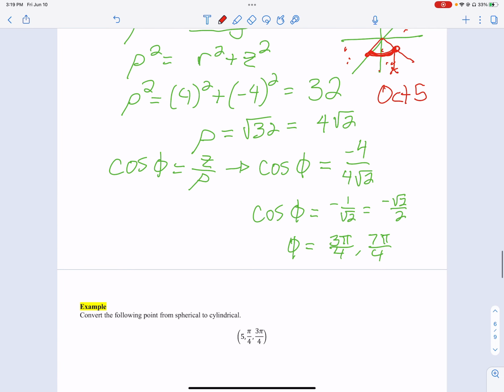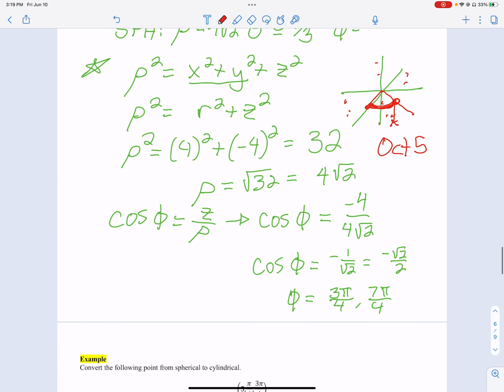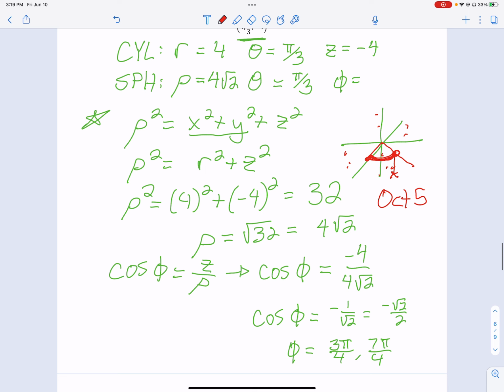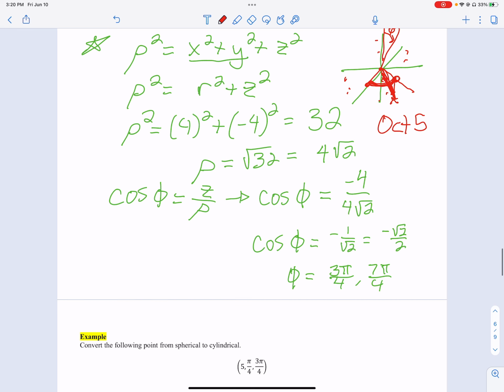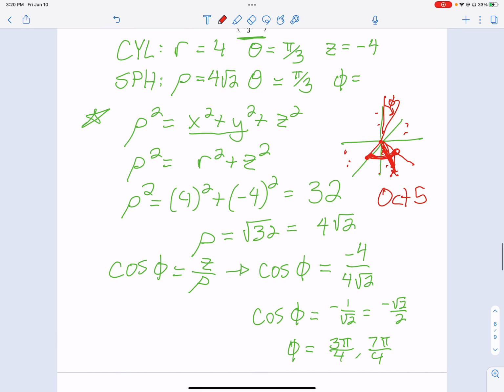Well, we already have that angle, it's pi over 3, but now we need phi to drop down from the positive z-axis. Well, if I need it to be down below, it's got to be big. It's going to be way down there. So that other angle is not 7 pi over 4, even though it's really tempting, but that's way around.